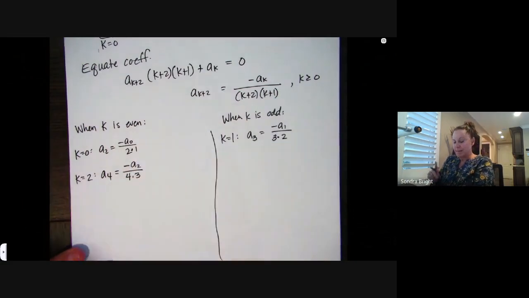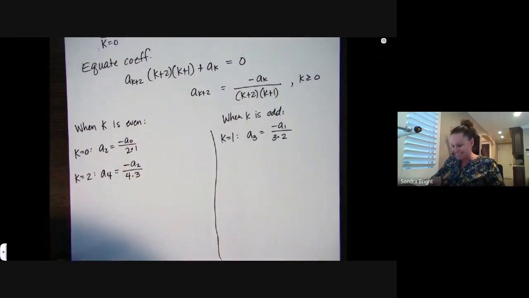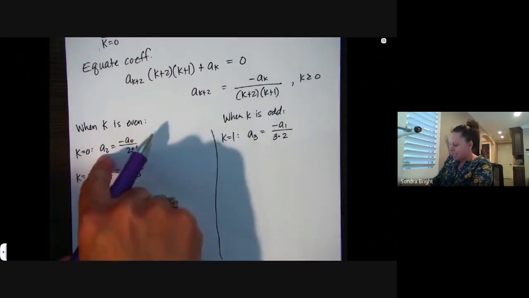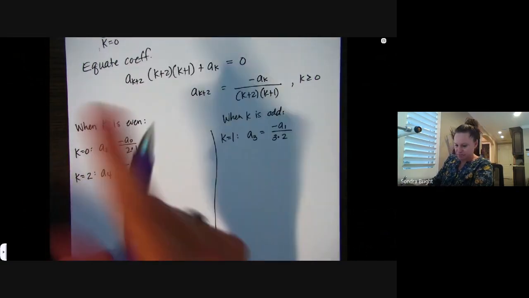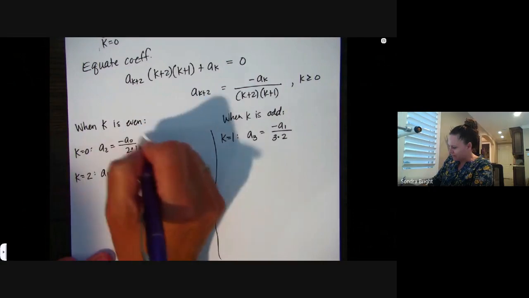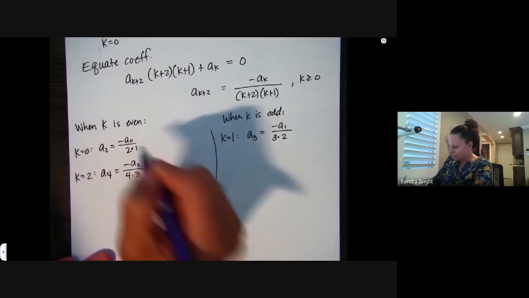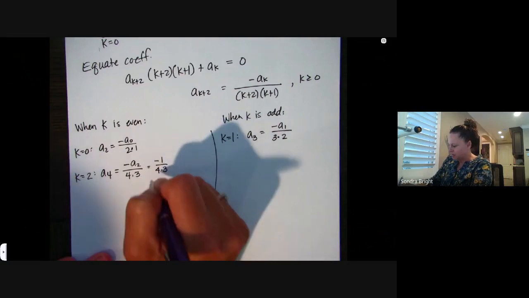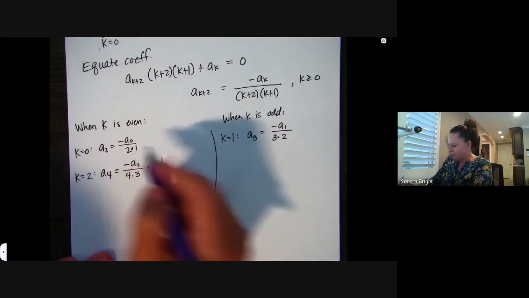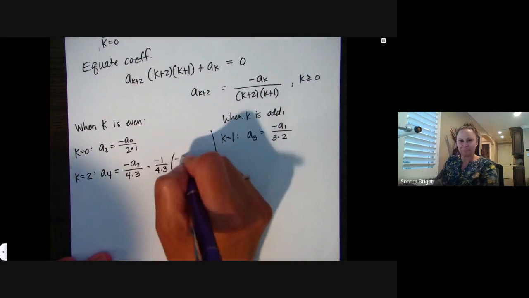But then, this is what we're really going to be doing. I know what a2 is. a2 is this guy. So that means I'll leave the negative 1 over 4 times 3 here, but instead of the a2, I would do negative a0 over 2 times 1.